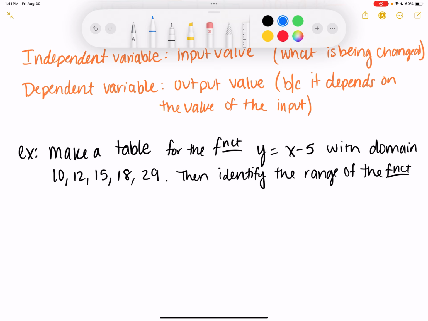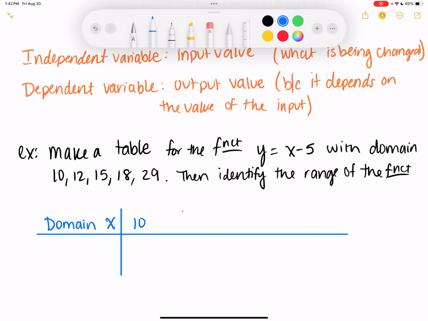So my domain values are these here. So domain is the x values that I have. And that's going to be 10, 12, 15, 18, 29.